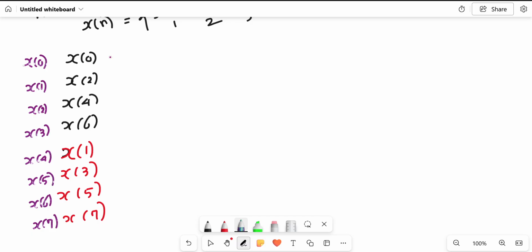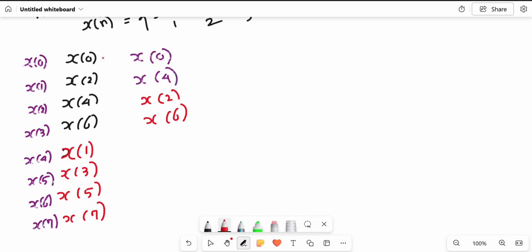Okay. Then again it is divided into even and odd, x of 0, x of 4 and x of 2 and x of 6 with respect to the position.